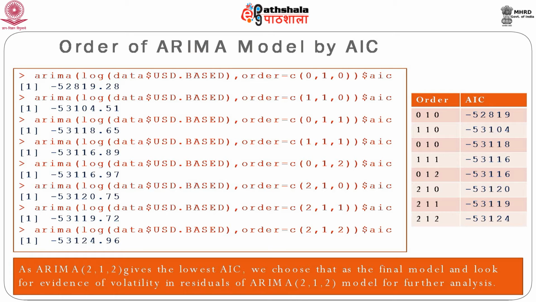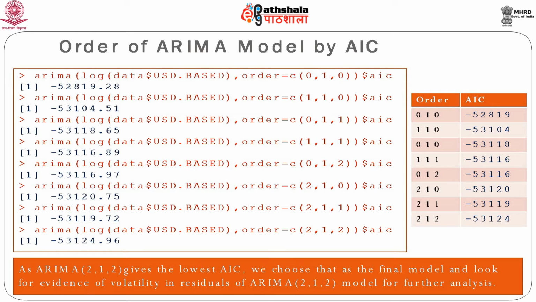And if I just summarize all, it looks like the smallest, the least AIC was observed for 2, 1, 2. So we can select the ARIMA order as 2, 1, 2 based on the lowest AIC.